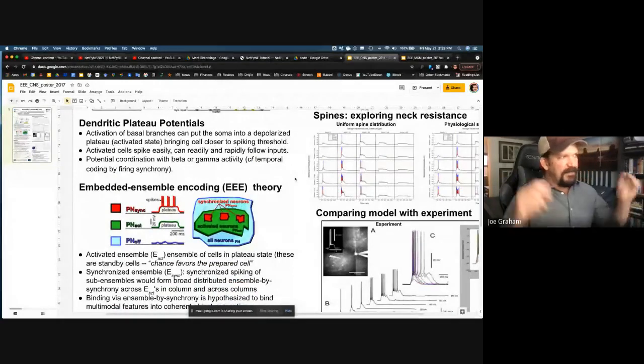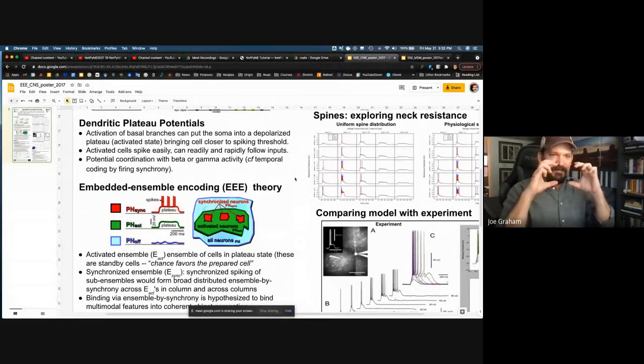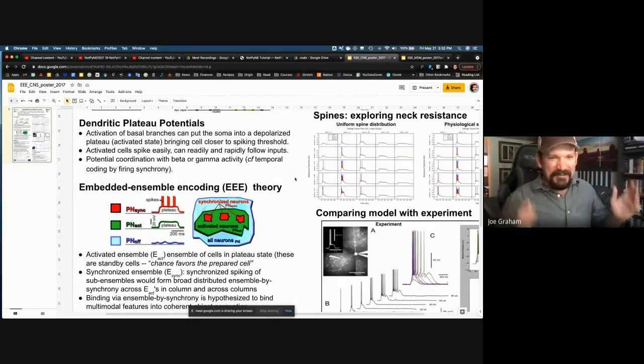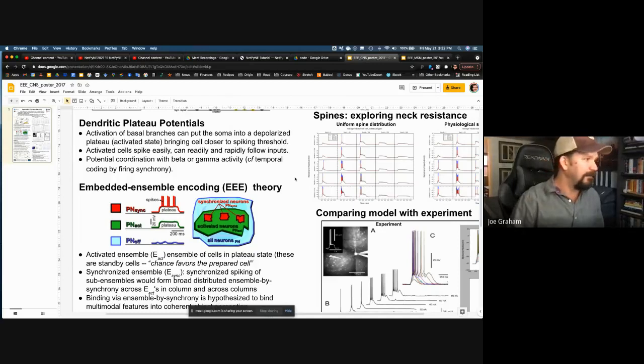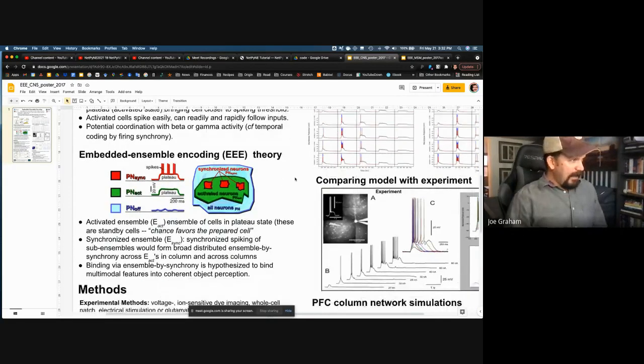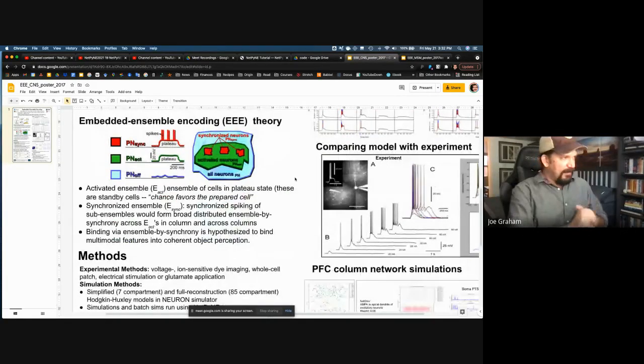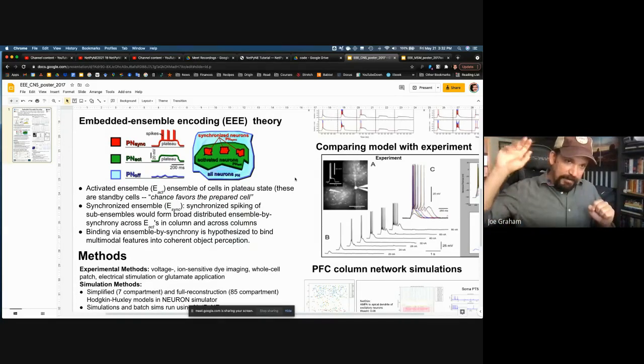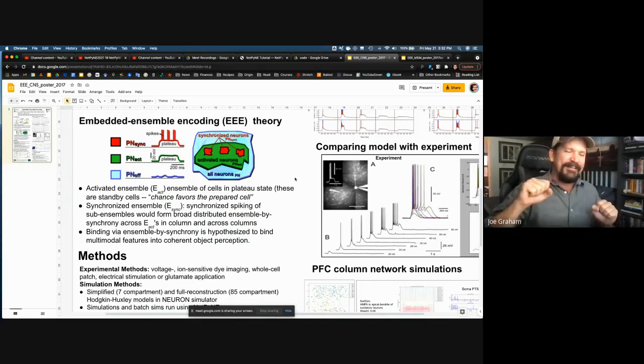So again, if you activate basal dendrites, you can drive them into a plateau state, which can also drive the soma into a plateau state, in which state it's very easy to get them to synchronize with whatever inputs are coming in. And so, yeah, the essence of embedded ensemble encoding theory was that you've got all the neurons, but then you've got ensembles that, because of the inputs coming in, have been put into the active state.